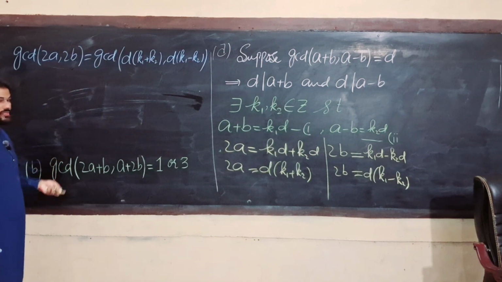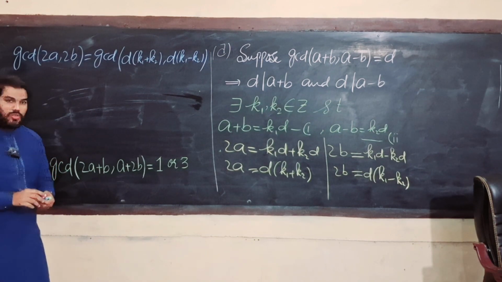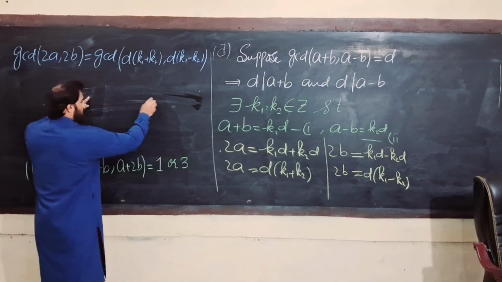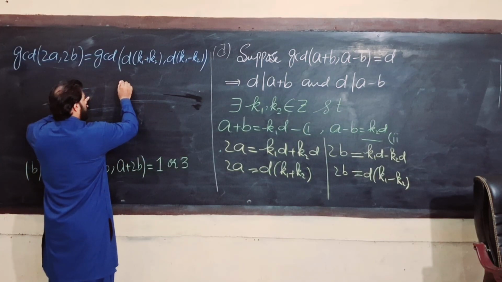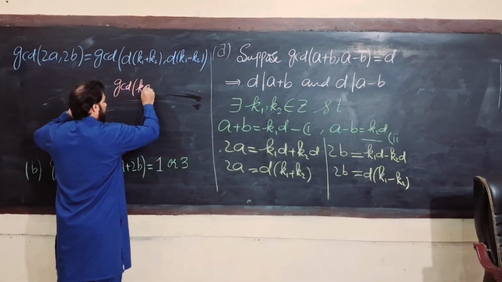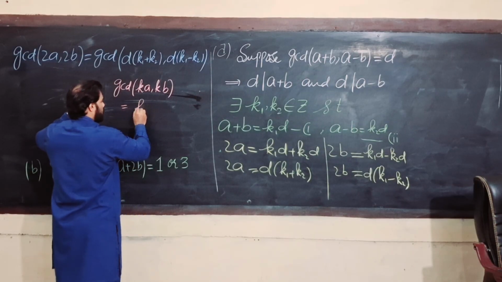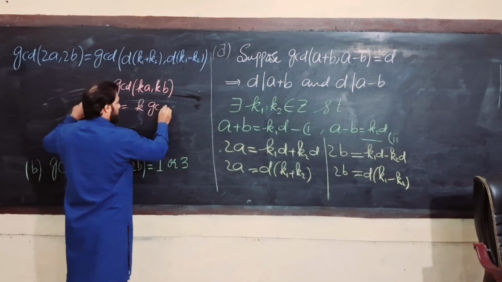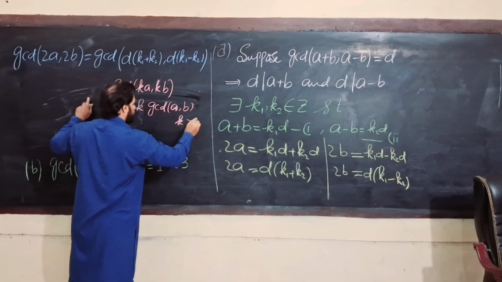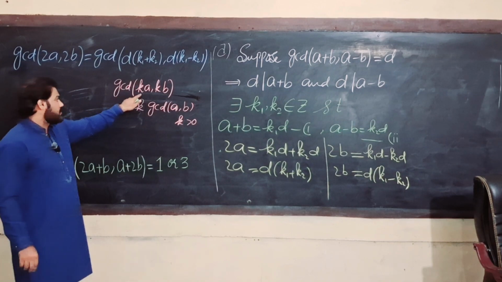For the left side, I will use a property that I discussed in my previous lecture, which is theorem 2.7, available in this book. That property says that GCD of kA, kB is equal to k times GCD of A comma B, where k is a positive integer. That is, we can take k as a common factor from both of the numbers.